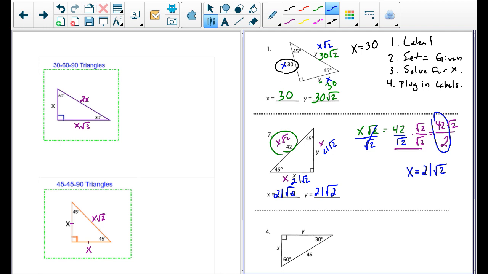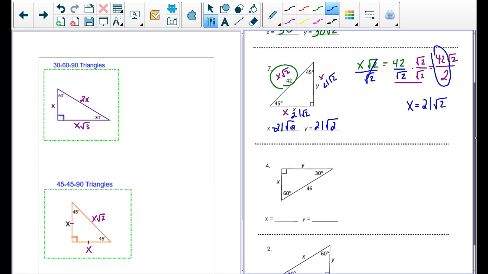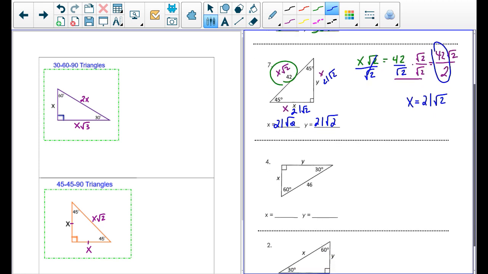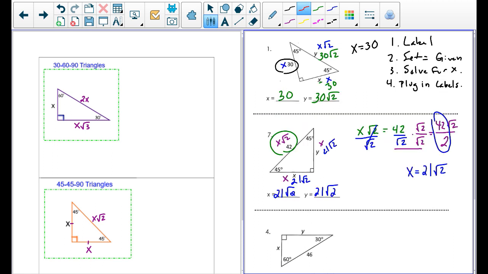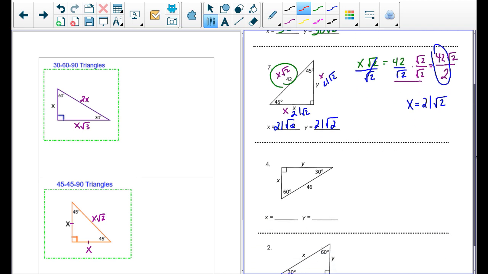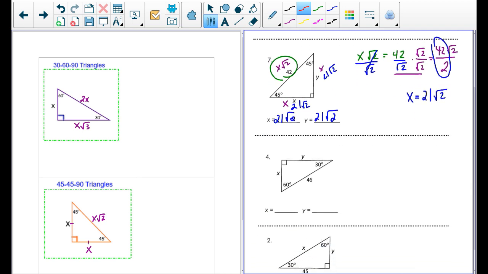All right, take a look at number 4 now. What kind of triangle do I have? 30, 60, 90. So let's label it. Remember, how do I identify these labels on 30, 60, 90? Going opposite here, right?